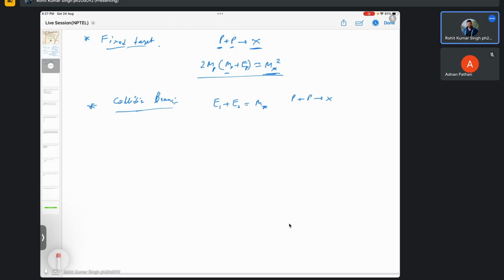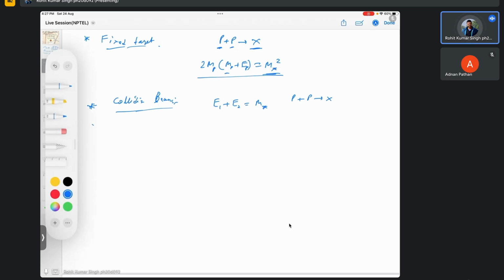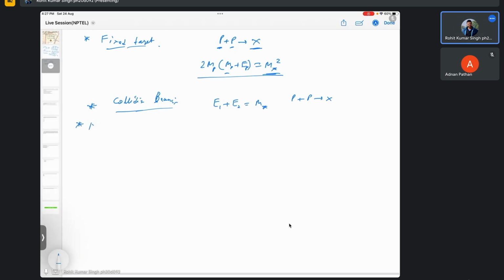So let's first discuss fixed target. Let's assume that the mass of the projectile is equal to the mass of the target.